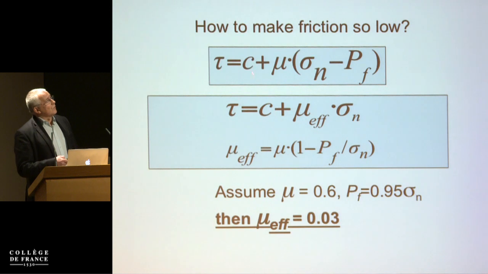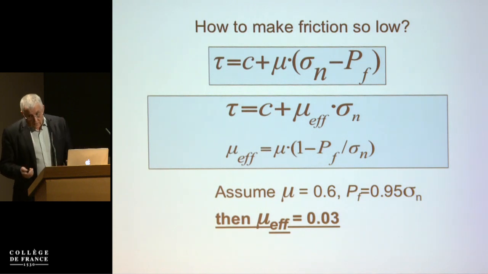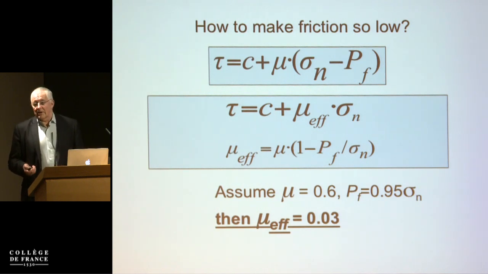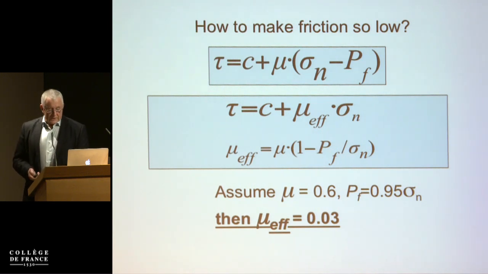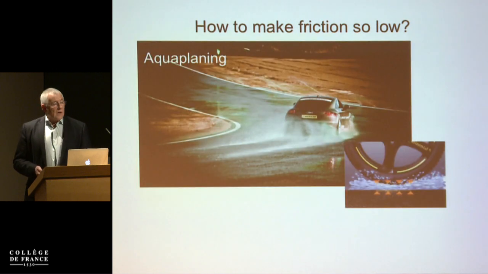So actually what we are dealing with is not a real friction coefficient, but an apparent or effective friction coefficient, and you can get it very low if the pressure of fluid is becoming very close to normal stress. And this is how I explain this to my students.